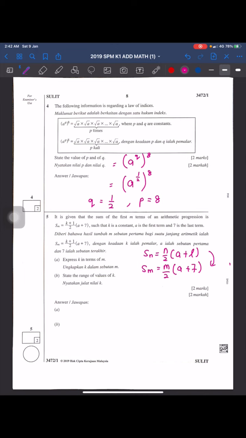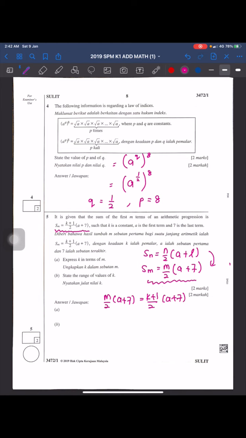Okay, saya cuba gunakan this one yang kita dah buat tadi. Saya compare kan saja dengan yang di sini. So this one is SM, so this one is SM. So benda ni sama lah. Okay, so apa yang saya boleh buat? So M over 2A plus 7 is equals to K plus 1 over 2A plus 7.